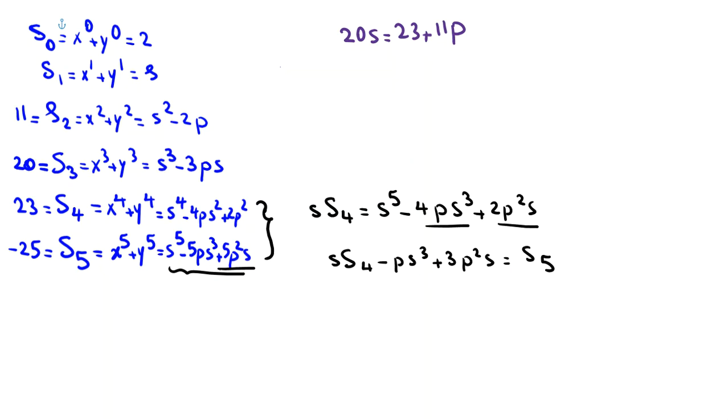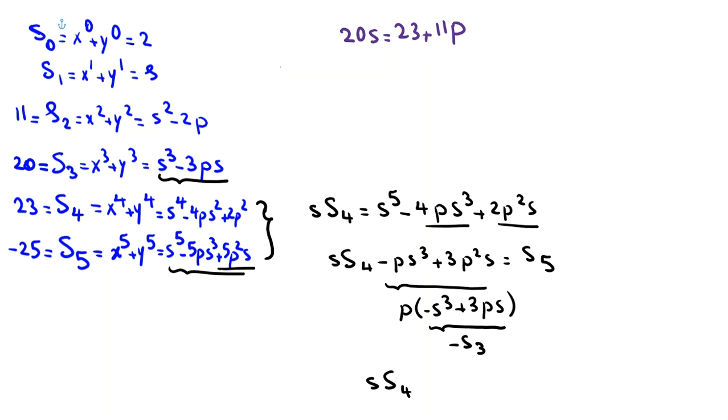So here, if I want to consider this, I can factor from what? If I factor from p, it will be negative s cubed plus 3ps. And if you pay attention, this one will be negative S3 exactly. So here we can say sS4 is negative pS3.